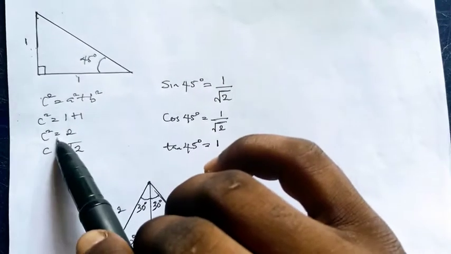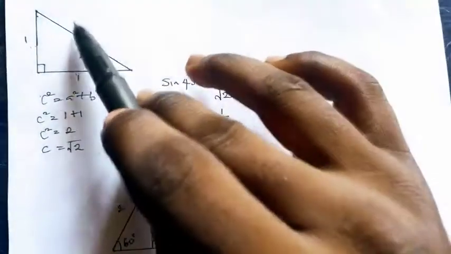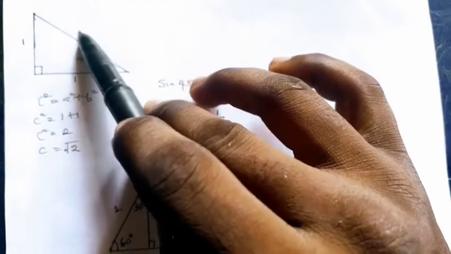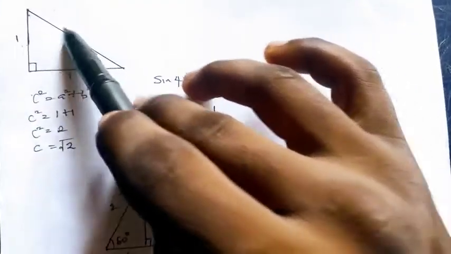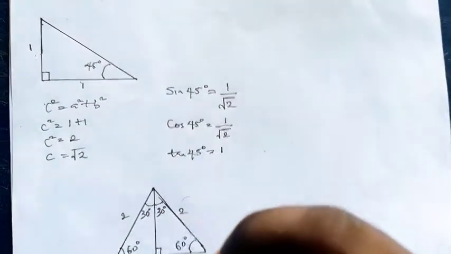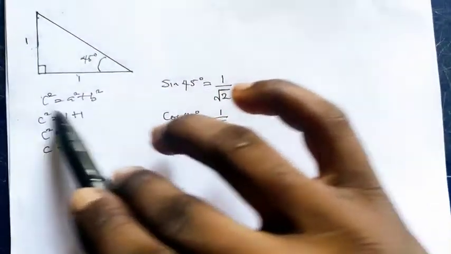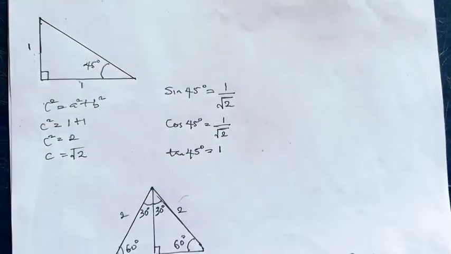So our c squared is equal to 2. Then our c, which is the side of our hypotenuse, is equal to the square root of 2. Now, that is what we got from our basic knowledge of the Pythagoras theorem.